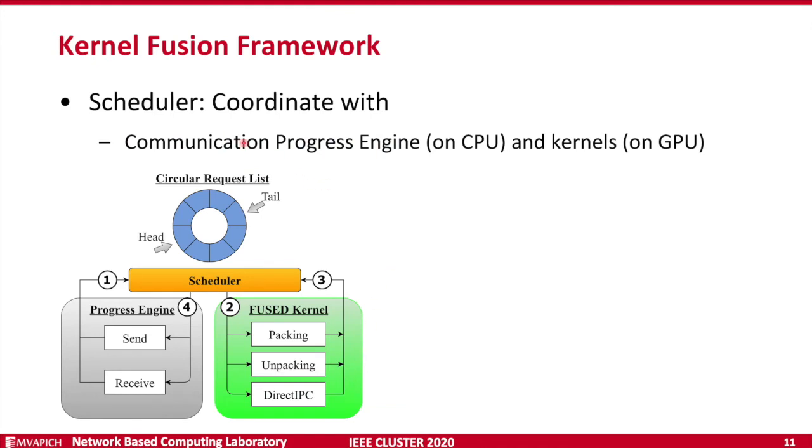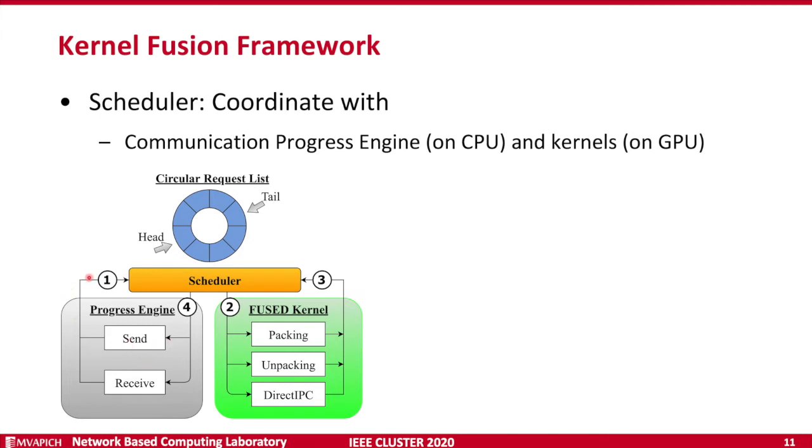Here we simply introduce one more component called scheduler. This scheduler will coordinate with the communication progress engine. This is running on CPU, and the kernel is running on GPU. So basically the idea is that your progress engine may have some send receive operations, but it requires packing and unpacking.